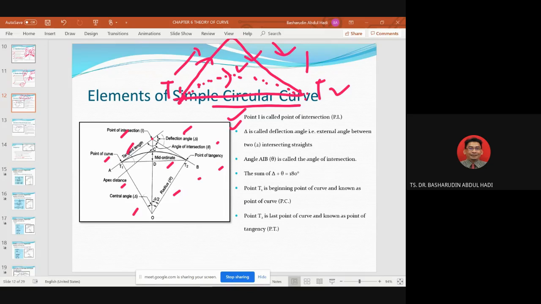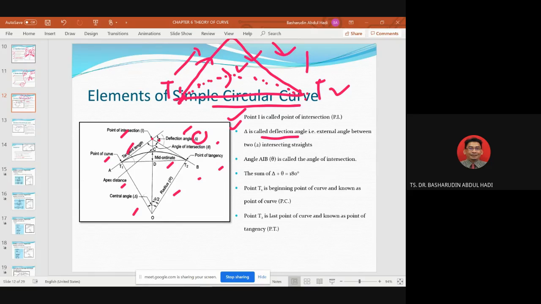So you can see the deflection angle. The deflection angle is formed at this point. This deflection point is the intersection where you extend from A to I and B to I. The value of the deflection angle is really important because after this, we want to put it in the formula to calculate and arrange the pegs to form a simple circular curve on the ground.